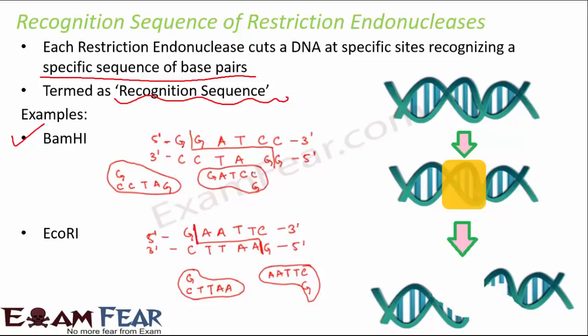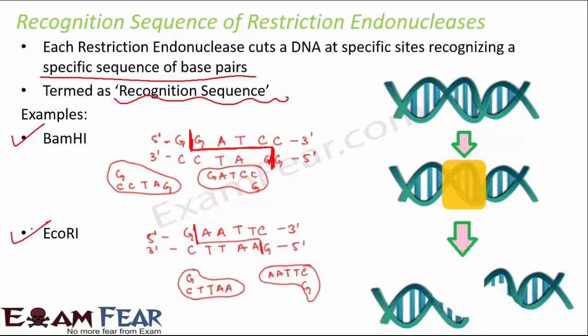And what is that sequence? It is GGATCC. So whenever it comes across this sequence, it breaks the bond between GG. Similarly, it will break the bond between GG on the other strand because we have two complementary strands in a DNA, right? So as a result, it breaks it in this fashion, and this entire sequence gets broken into two parts like this.